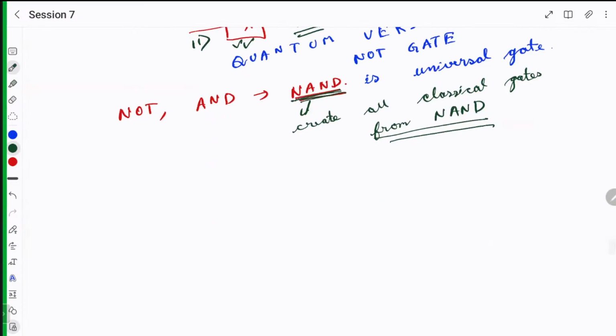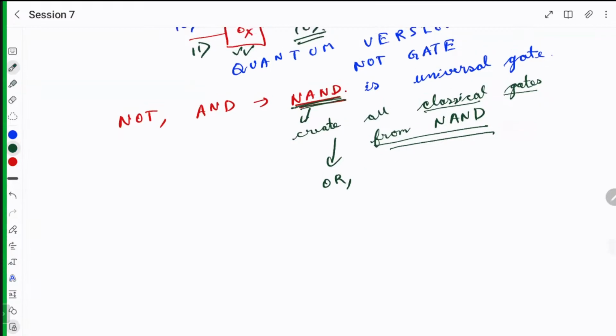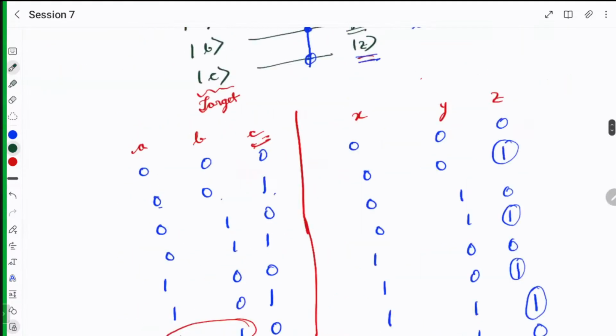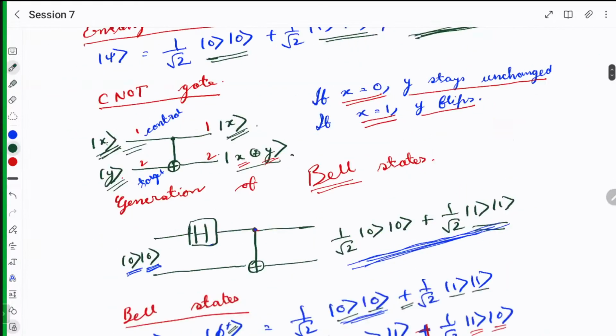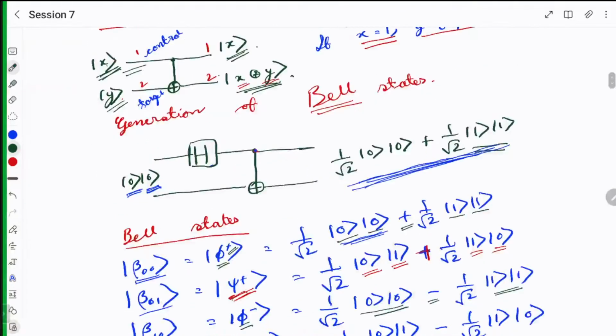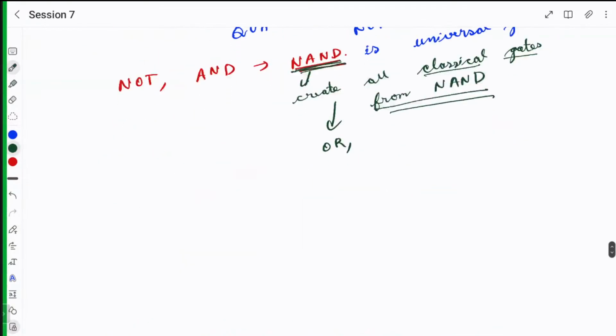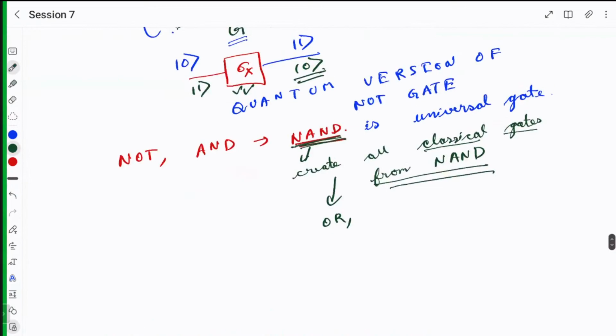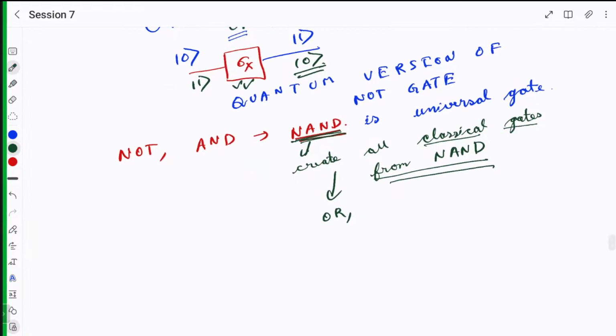And using this NAND gate, you can create all the classical gates, like let's say OR, XOR. Although XOR, technically you have already created. If you notice, in the controlled NOT gate, you already have the XOR gate or the addition modulo 2 gate. So this is to answer the question whether we can implement classical gates in quantum circuits. This is how you would do it. So is this part clear?